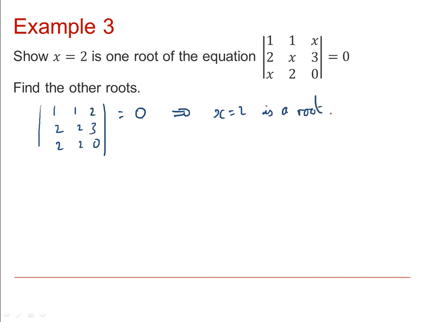Alternatively, we could work out the determinant as an equation. So because we've got a 0 in the final row, I'm going to expand that by the final row, and you can see that it will be x multiplied by the determinant of 1, x, x, 3, and then minus 2 multiplied by the determinant of 1, x and 2, 3.